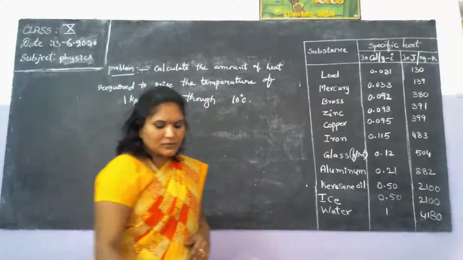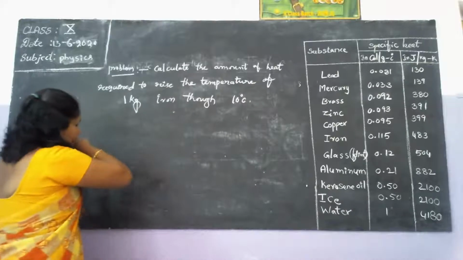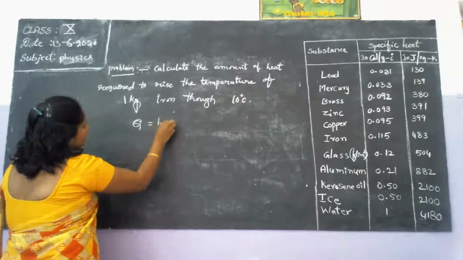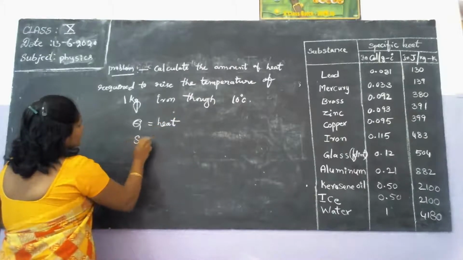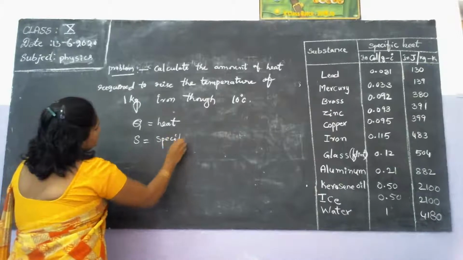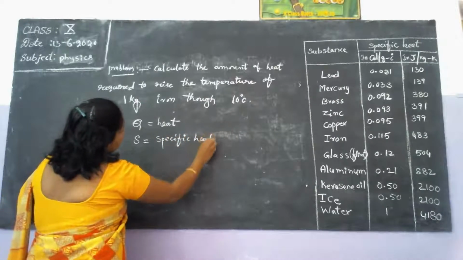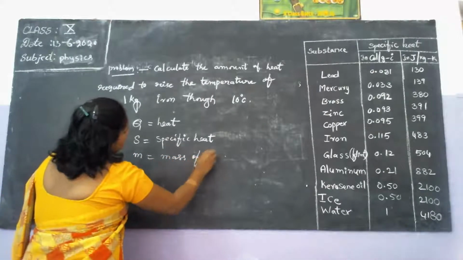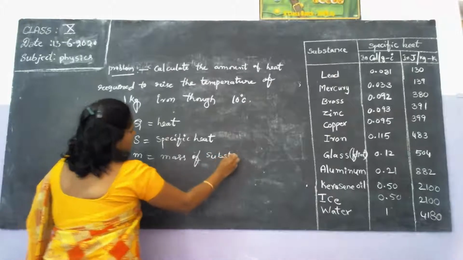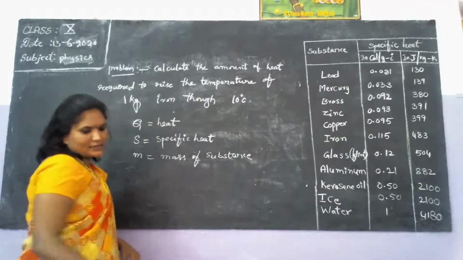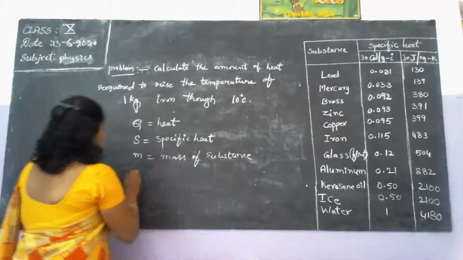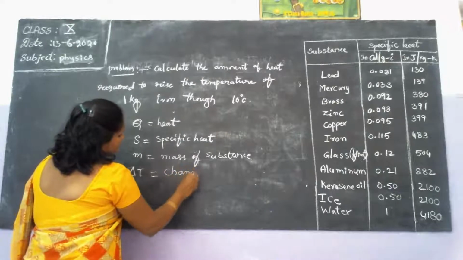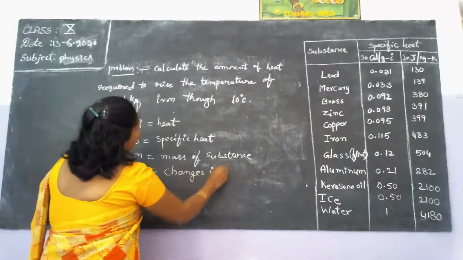The formula: we know already Q equals heat, S means specific heat, M means mass of the substance, and delta T means change in temperature.